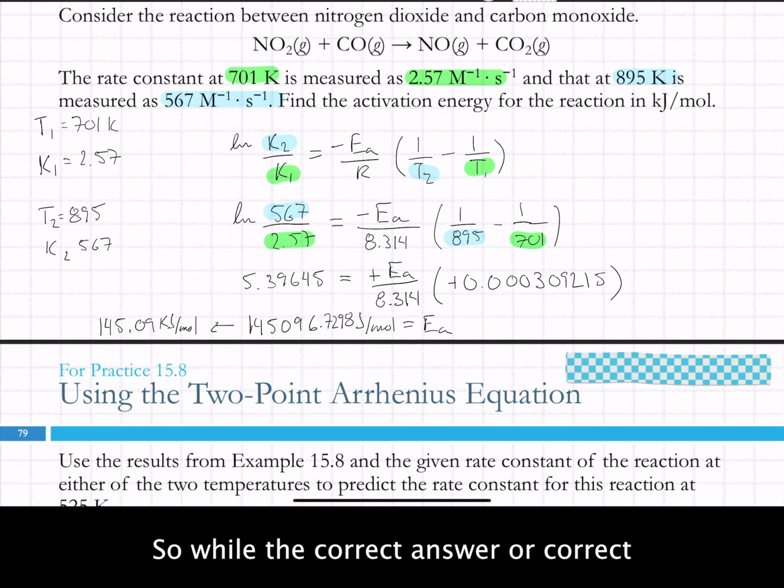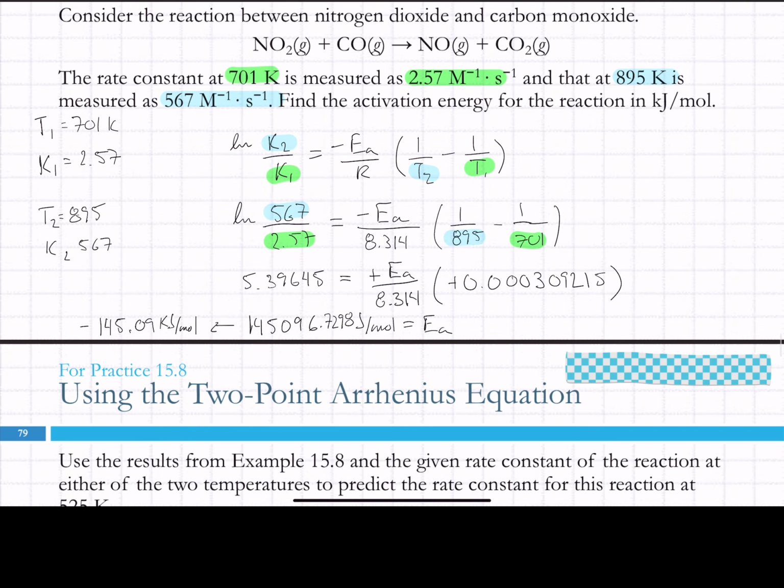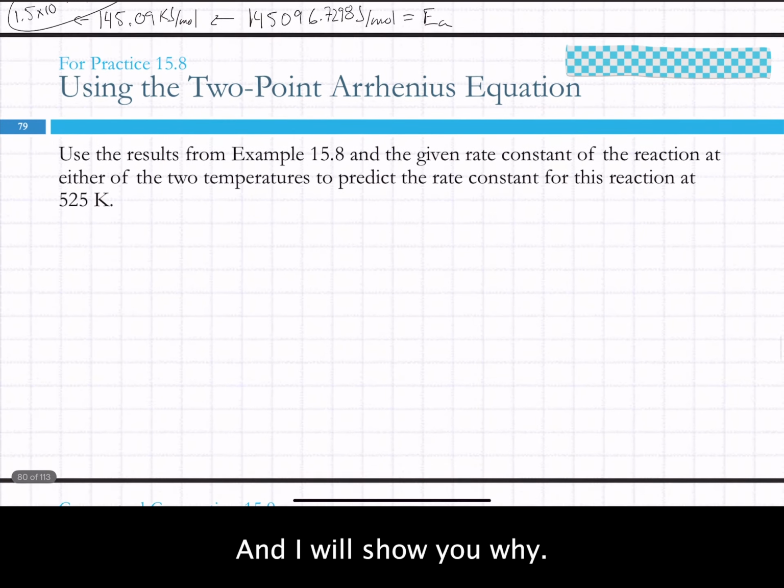While the correct final answer for this problem would be 1.5 times 10 to the 2 kilojoules per mole, that's not the number that we want to use in the next problem. And I will show you why.